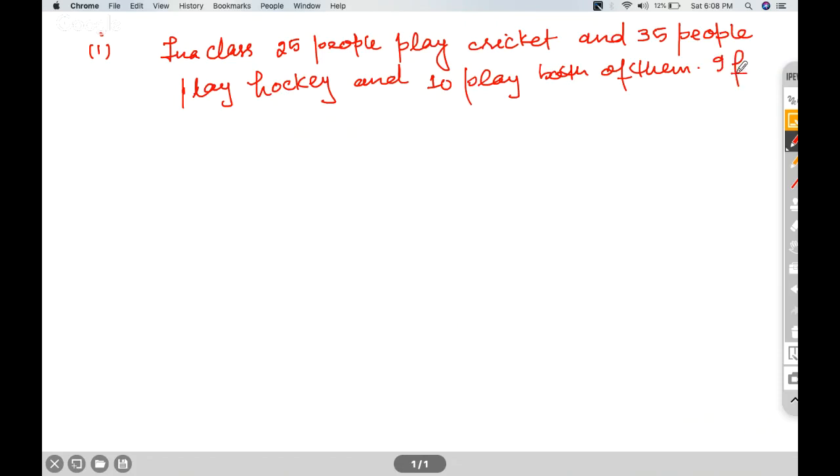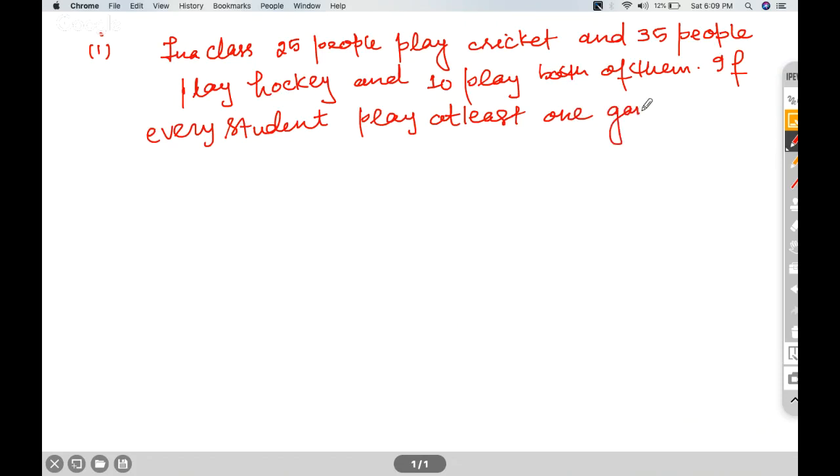If every student plays at least one game, what is the strength of the class?